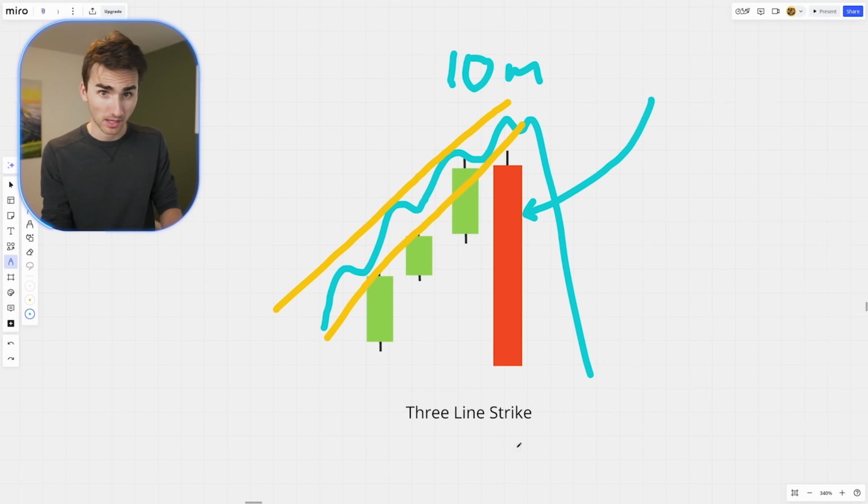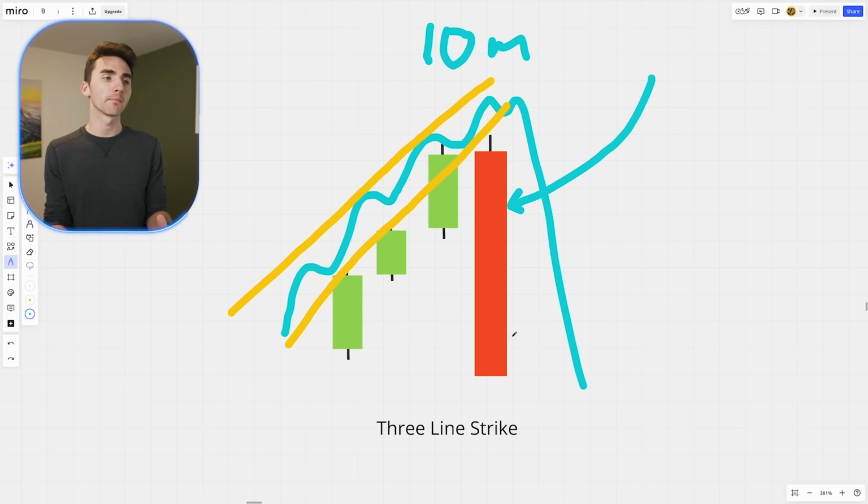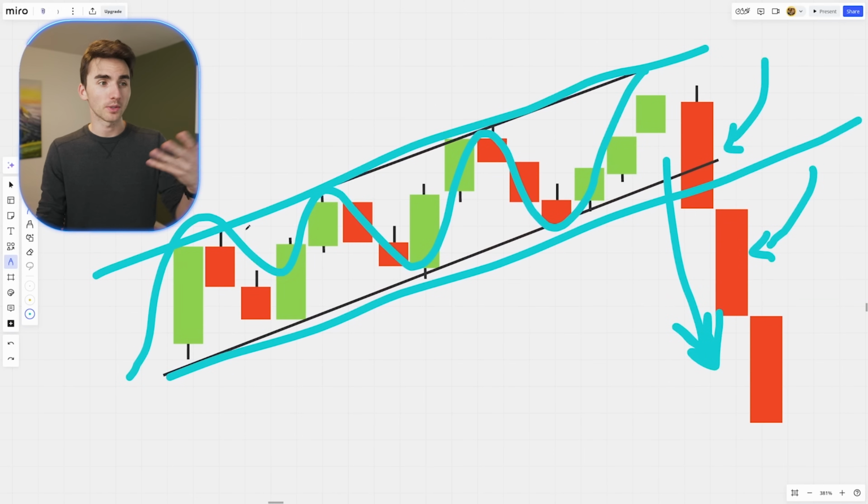And the significance behind this candlestick pattern, and why it's so powerful, is that if you just think about the basics of it, breaking this uptrend is a reversal pattern in itself. Usually when you have a trend line drawn and the price breaks that, that's a reversal pattern.